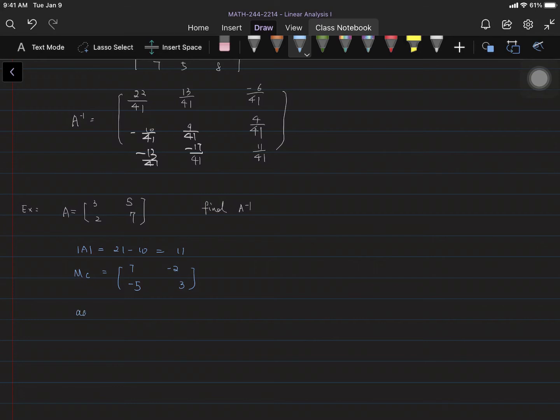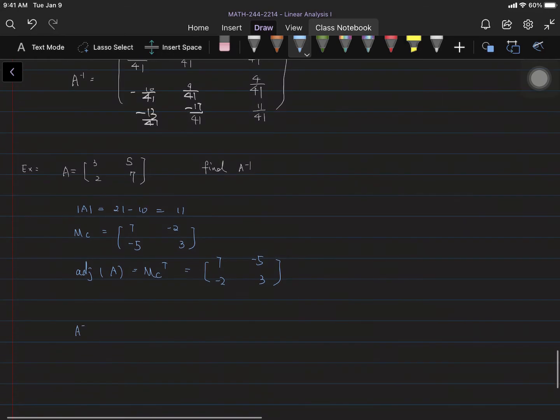And then I transpose that one, which is adjoint A, so it's going to be negative 2, negative 5. And then our inverse matrix is just 7 over 11, negative 2 over 11, negative 5 over 11, 3 over 11. Okay, this is called the adjoint method.